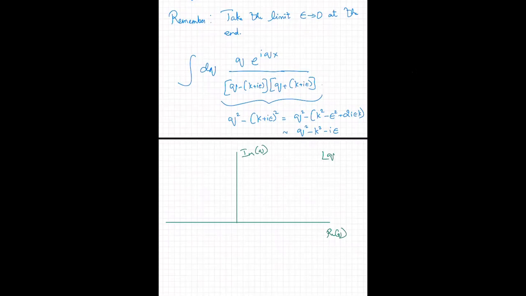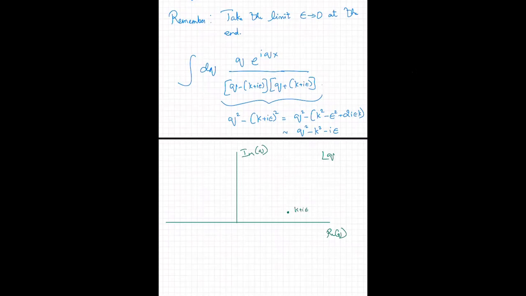This integrand has two simple poles, one at q equals k plus i epsilon and one at q equals minus of k plus i epsilon. Where is the pole q equals k plus i epsilon? The i epsilon means it is on the positive imaginary side, and plus k means the real part of q is also positive, so the pole is right over there.